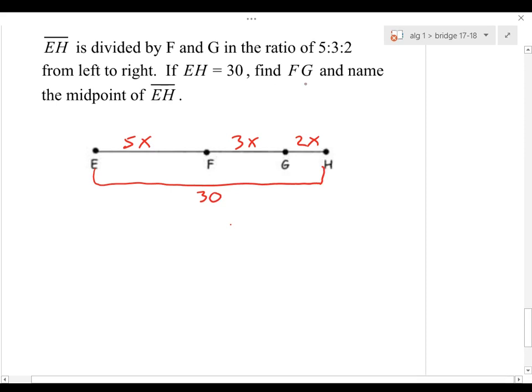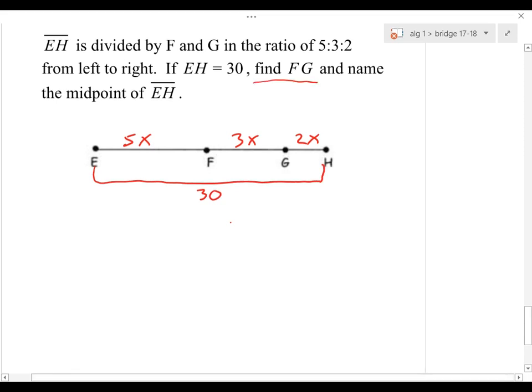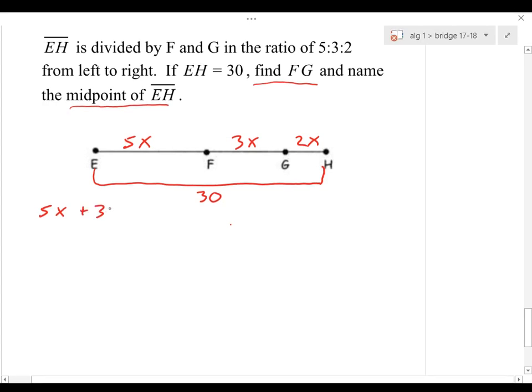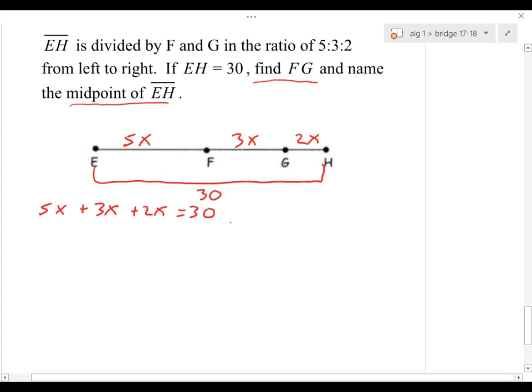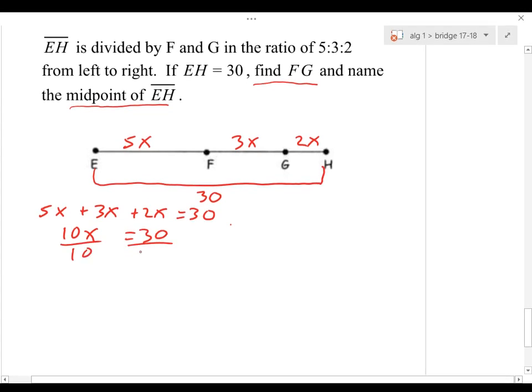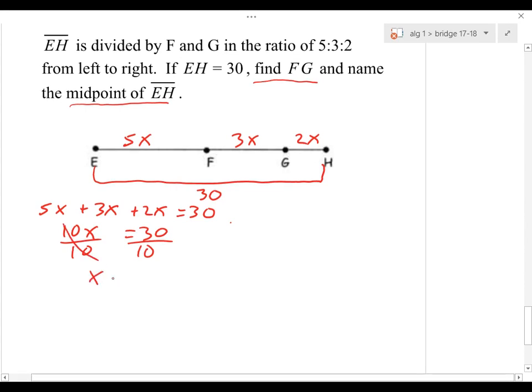We need to find FG and then name the midpoint of EH. So I know that the total of 30 encompasses the 5x, the 3x, and the 2x. So that's 10x equals 30. I'm going to divide by 10, and we get x equals 3.